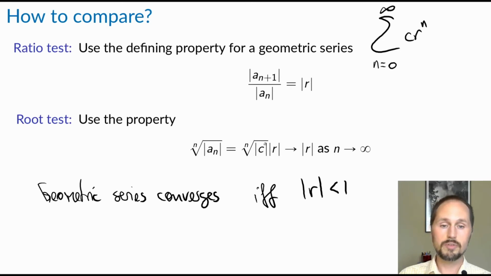So that coefficient in front is not going to be important as n gets large, and instead this nth root that we're going to look at is going to converge to the absolute value of r as n goes to infinity. So these are the two descriptions of the geometric series that allow us to understand what happens in the ratio test and the root test.